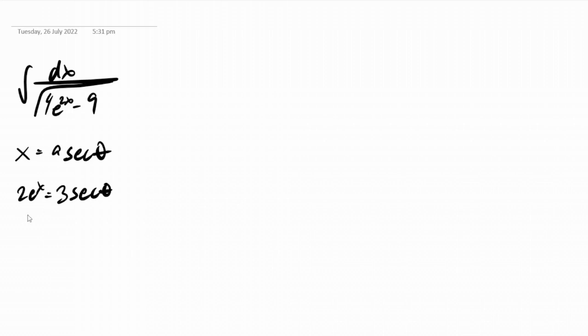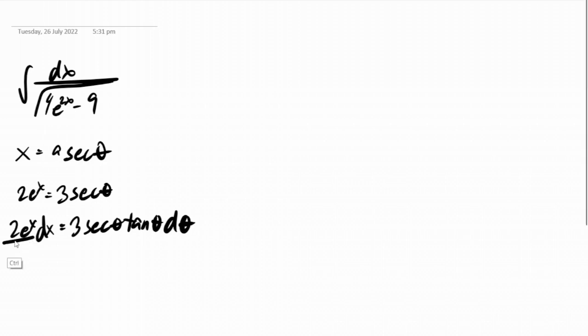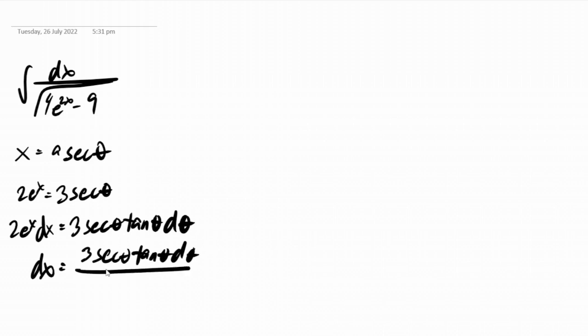Now what we're going to do next is look for its derivative, right? And its derivative is 3 secant theta tangent theta d theta. We also need to transpose this here, and since it is equal to 3 secant theta, 3 secant theta tangent theta d theta equals 3 secant theta dx.